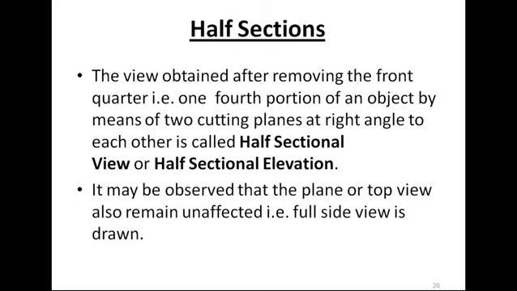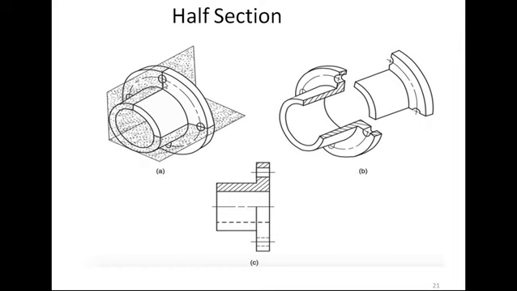Now we are going to see the half section. The view obtained after removing the front quarter, that is one-fourth portion of an object, by means of two cutting planes at right angles to each other, is called half sectional view or half sectional elevation. It may be observed that the plan or top view remains unaffected, that is, the full top view is drawn. Here, for example, for half section view, this is our object.